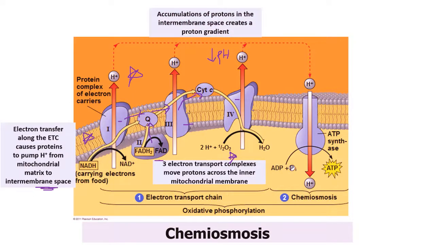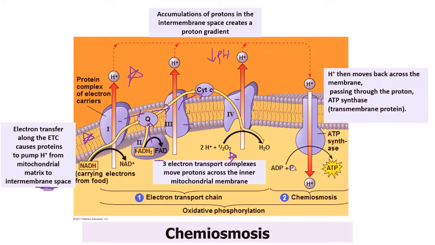So accumulation of protons in the intermembrane space will create a proton gradient. How they fix this is that the H plus in the intermembrane space needs to move back inside the membrane and back into the mitochondrial matrix. This is with the help of ATP synthase. So this is ATP synthase, and ATP synthase here is a transmembrane protein.